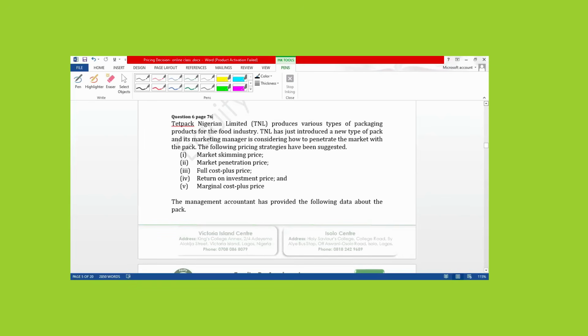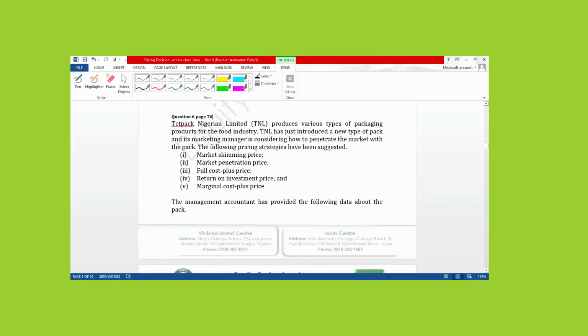That is Oyindamola. She said market skimming means charging a higher price when a product is newly introduced, and the company will use aggressive advertisements to obtain sales.